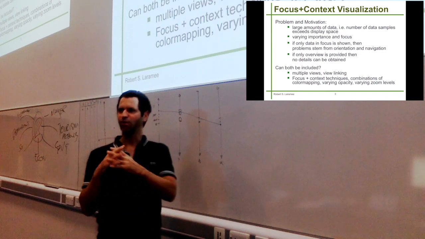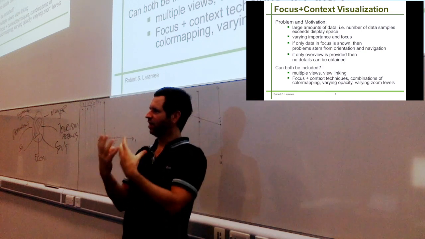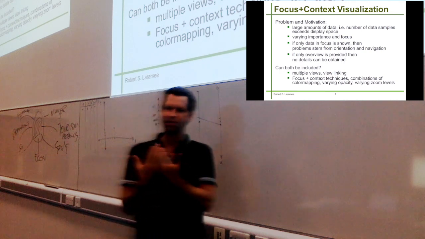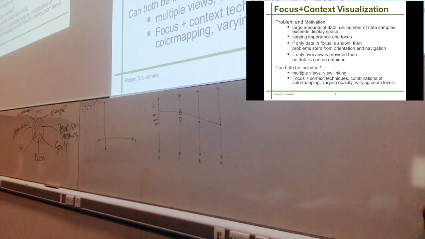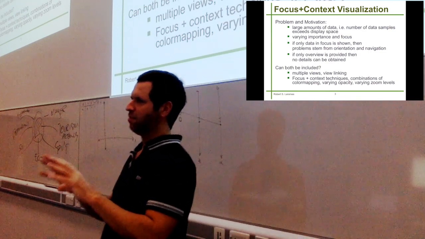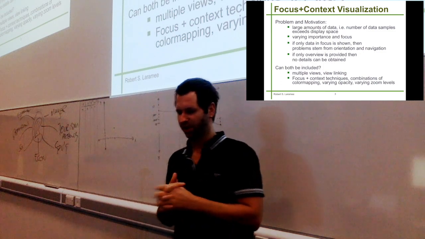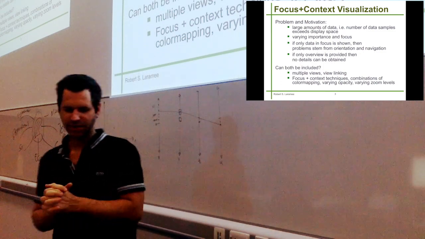Can we get the focus, or the important stuff that we're interested in, in great detail and enough detail to satisfy us, and still preserve the context information such that we don't get lost? And it provides more meaning for the focus of the important data. And we have different examples of this in action.